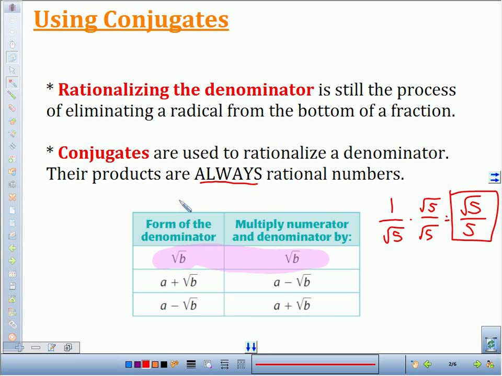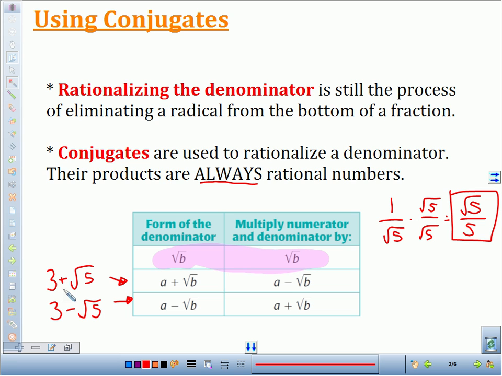Now the ones we haven't seen before are if we have something in the form of a plus the square root of b or a minus the square root of b. That might be something like 3 plus the square root of 5 or 3 minus the square root of 5. If we have something like that on the bottom of our fraction, then we still need to rationalize the denominator.